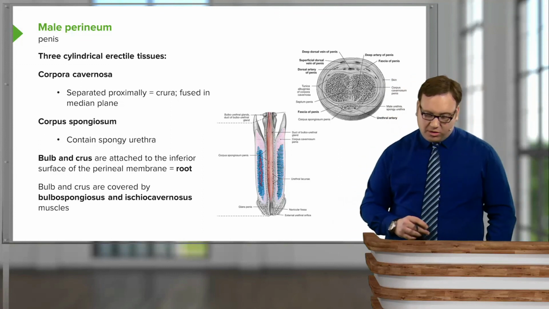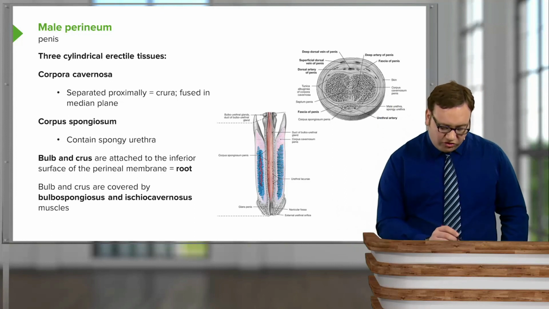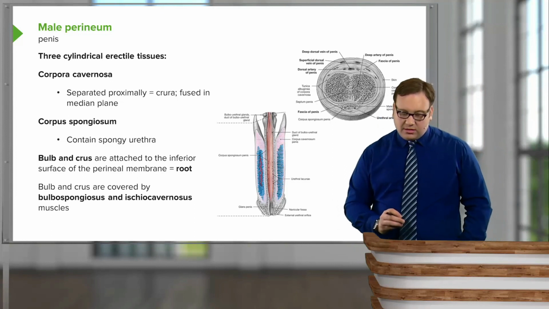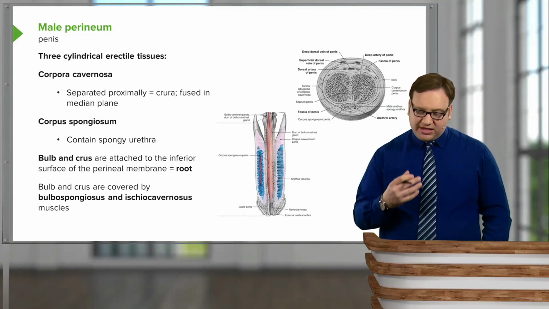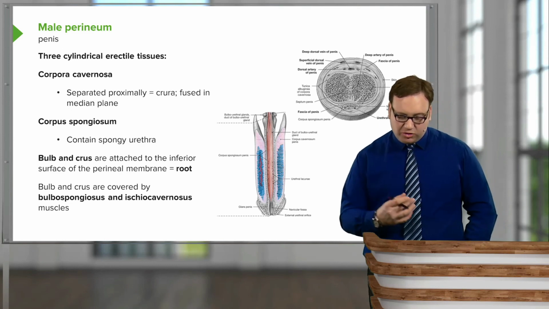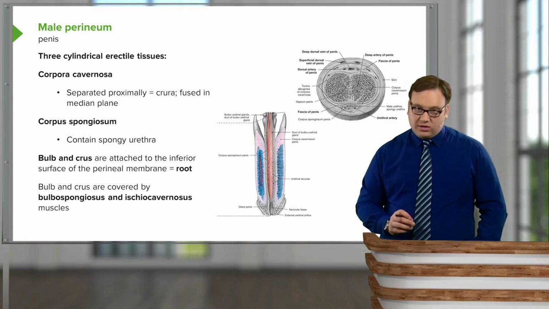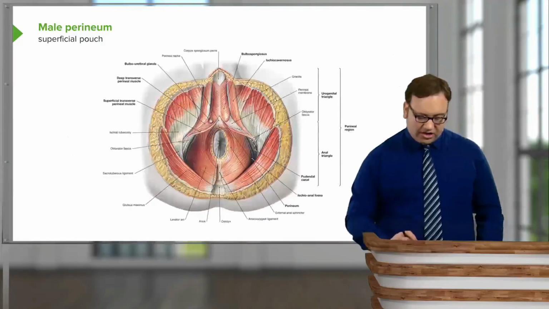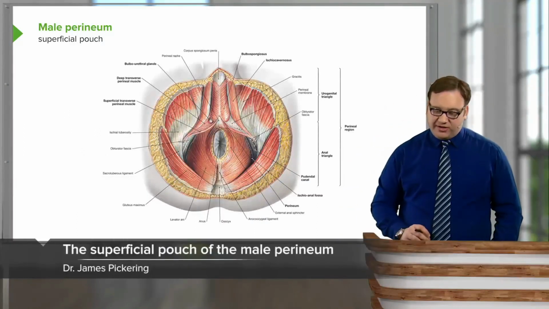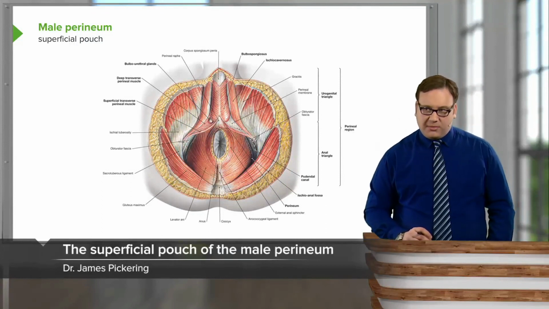We'll see those in a moment. The bulb and the crus are covered by some muscles, and these are again within the superficial perineal pouch, known as bulbospongiosus and ischiocavernosus. So now let's turn to the superficial perineal pouch in the male.